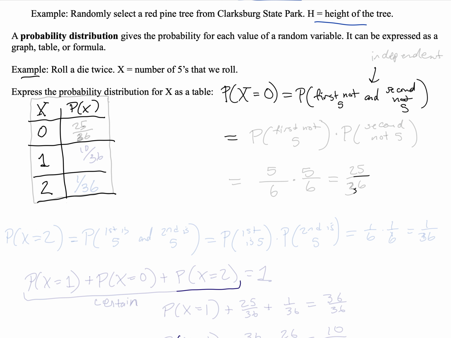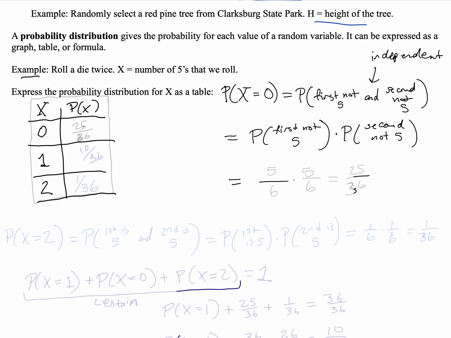So when we think about the probability of one thing occurring and another thing occurring, because these are independent, this is just equal to, by the multiplication rule, the probability that the first is not 5 times the probability the second is not 5. And so what is that?